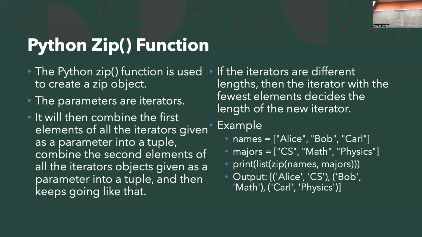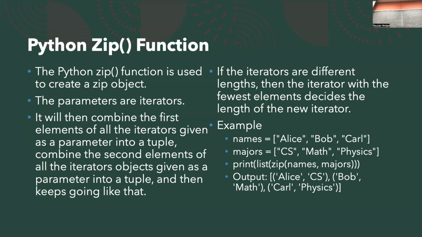Okay. Now this is not exclusive to just two iterators. You can use 3 iterators, you can use 4 iterators. In that case, we'll have the first element of names, majors, and then the first element of the third iterator and the fourth iterator, and then those get combined. So let me give you a problem like this.